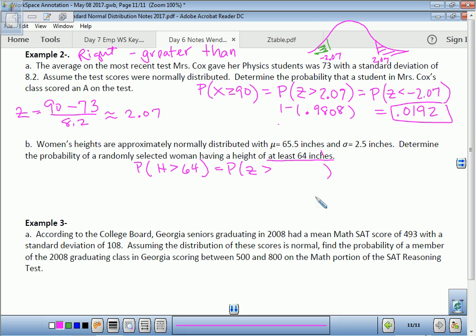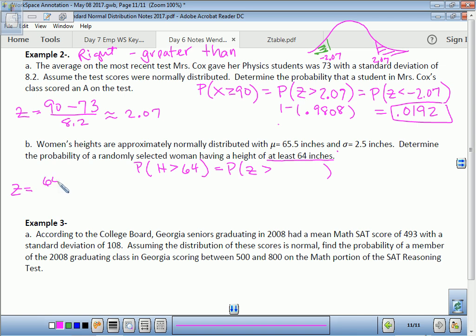What's the X? Miss Wildy? May I get some agua? Miss Wildy? What's the X? It's usually what they're asking you for. So X in this case is 64. Oh, okay, so we just plug that number in for X.